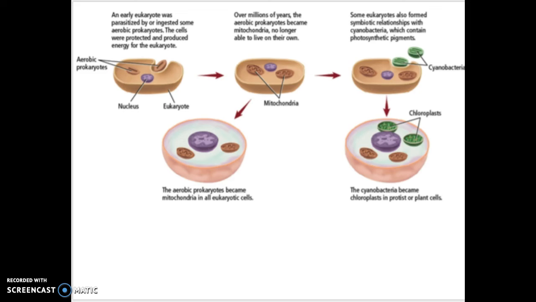If it was taking sunlight and making food, it would continue to do that while living inside the larger prokaryote. And eventually the symbiosis is working together. The relationship was so important that they could no longer be apart anymore. And so the eventual evolution of chloroplasts and mitochondria as powerhouses of the cell developed more than likely in this way. This has been Biology 2, Chapter 14, Part 2 on the origins of life.